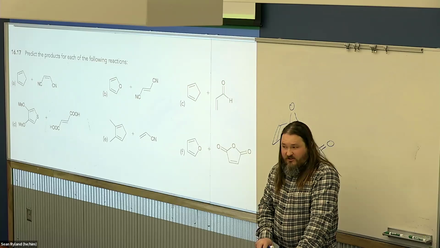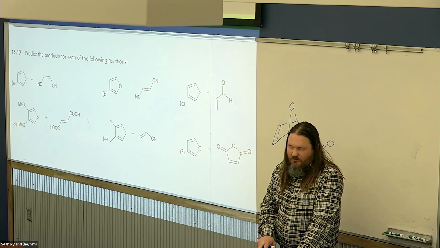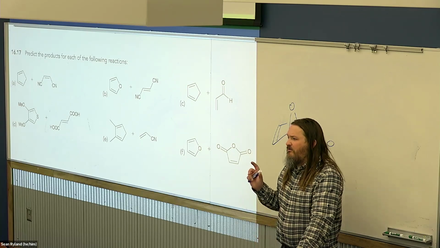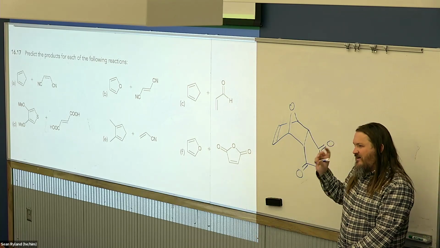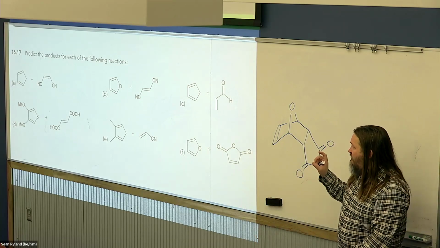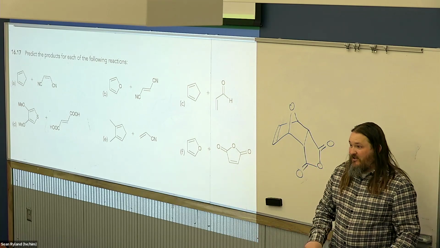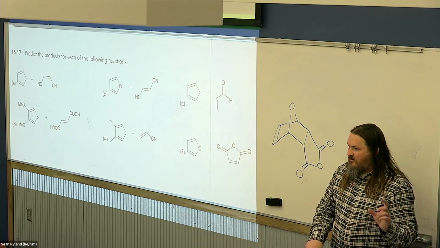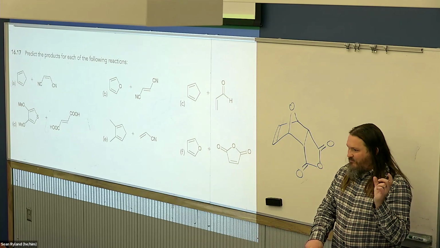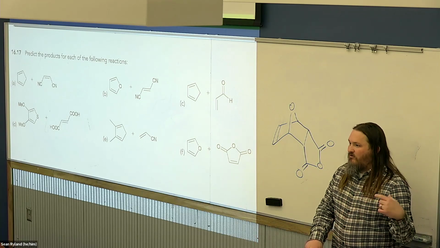So on Thursday, whatever we don't get through, there's a couple more concepts. We're not gonna spend a ton of time on sigmatropic rearrangements, but the electrocyclic reactions wind up being kind of important, and kind of tie some of these orbital ideas together. So I want to make sure we get enough time to talk about that. We still have like half an hour in here that we'll go over them once, but then we'll probably have a mini lecture, half an hour on Thursday, where we go over that stuff again.